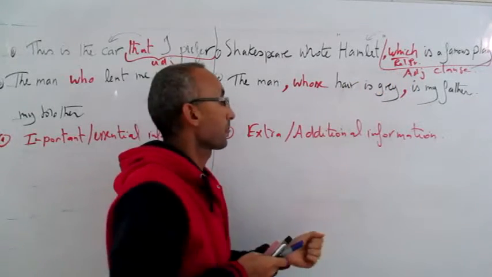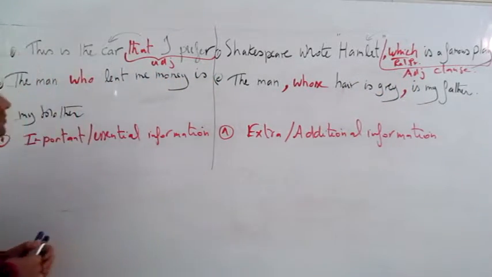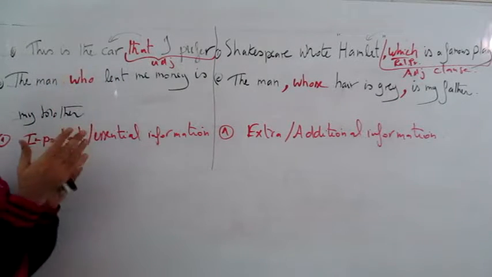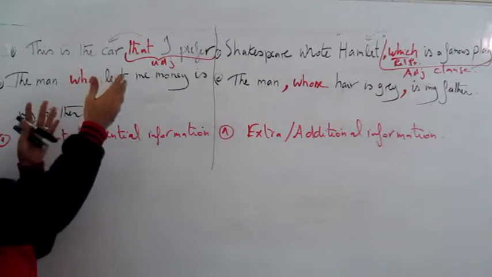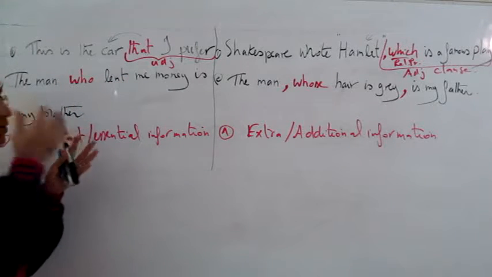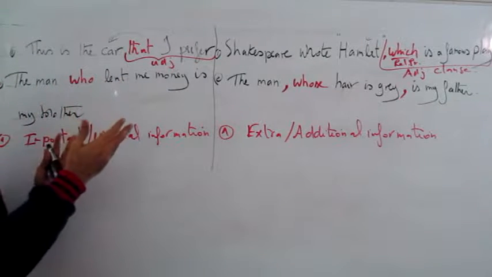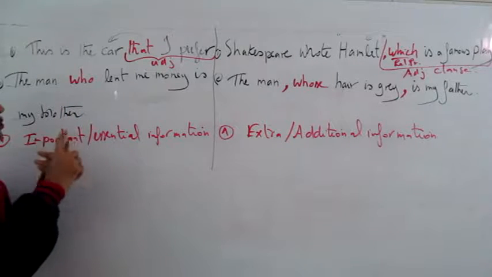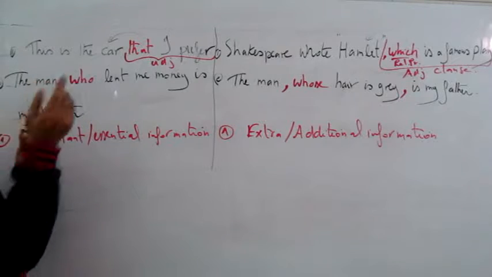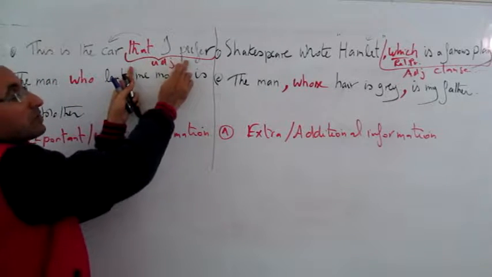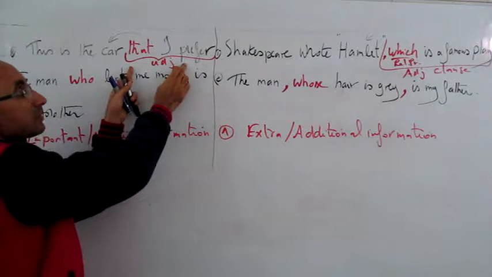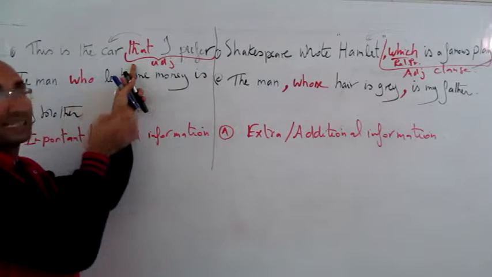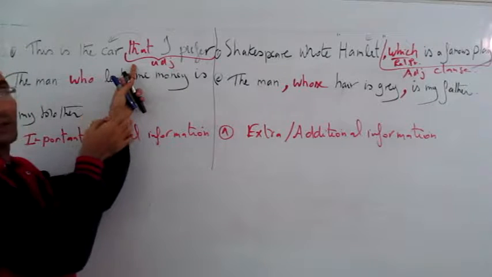Alright, good. Now, also look here. This is the car. Which car? When I read this sentence, I feel that we have a long list of options. My options are very wide: red, blue, expensive, cheap, which one? So here the adjective clause comes to specify, to determine exactly what car I am talking about.